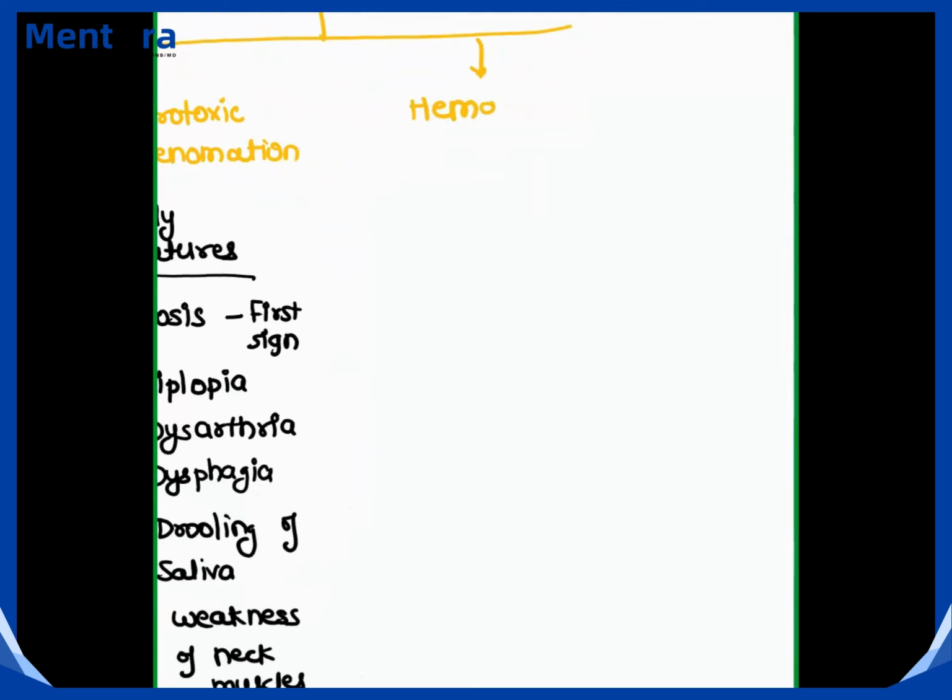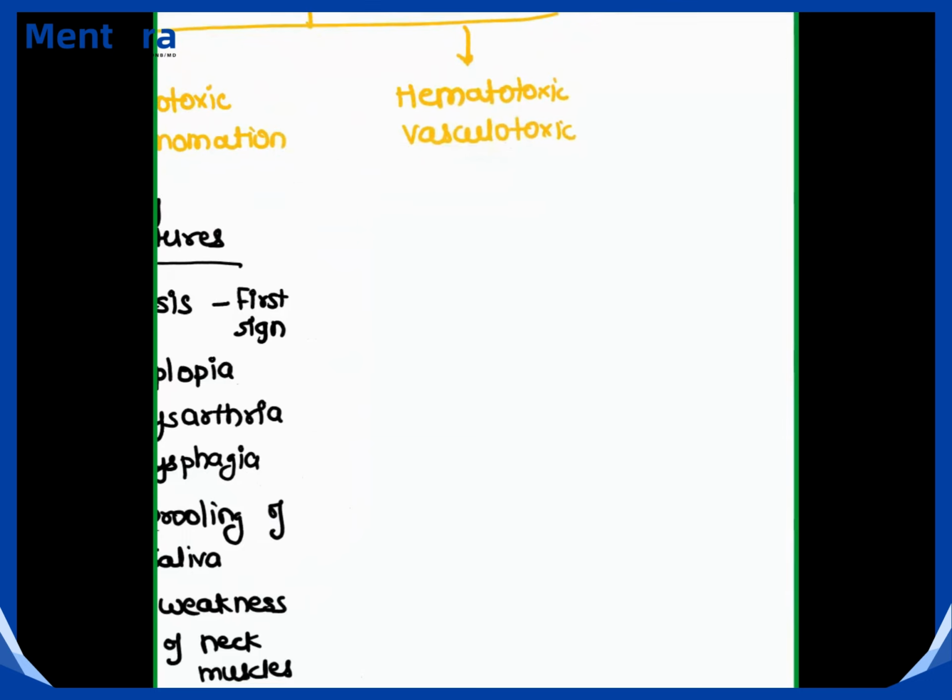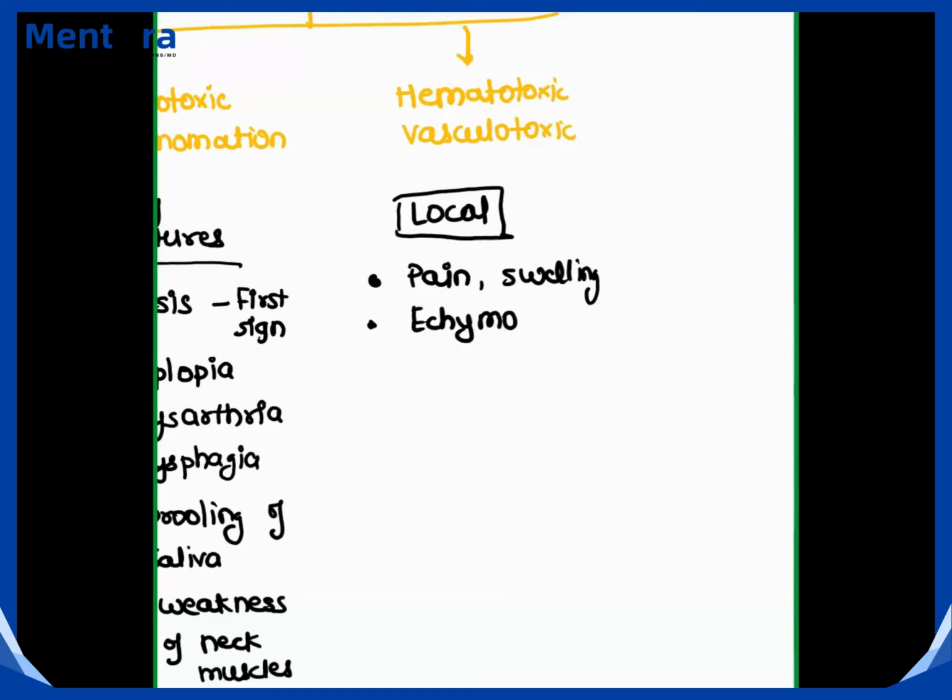The next is hematotoxic or vasculotoxic. The local signs: pain and swelling at the site of bite, ecchymosis, blistering and necrosis.